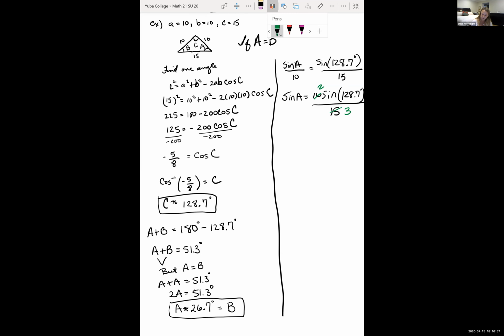So A is equal to the sine inverse of 2 sine of 128.7 degrees, divided by 3. So 2 sine 128.7, take that answer, divide it by 3. That should give you approximately 0.52.